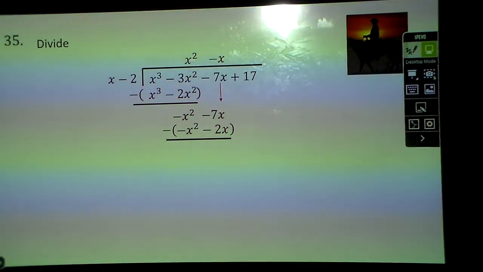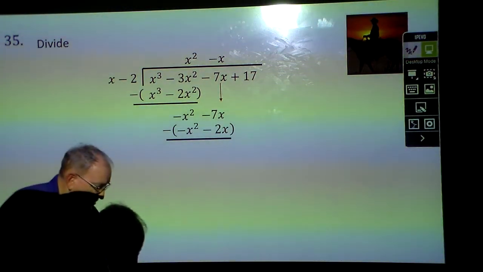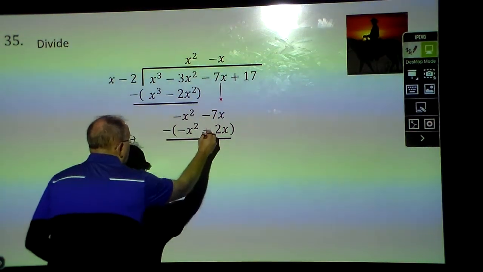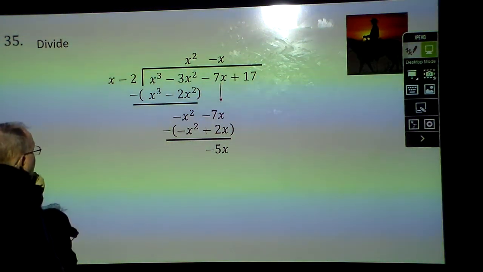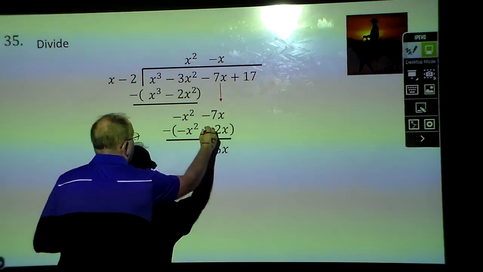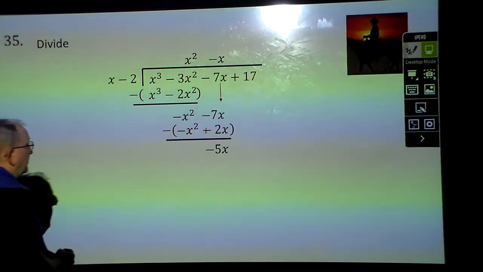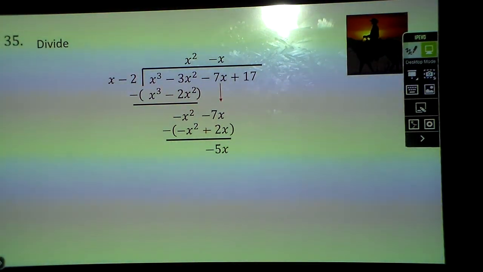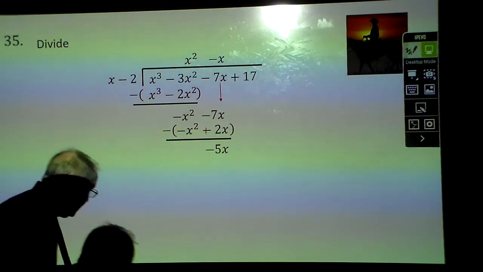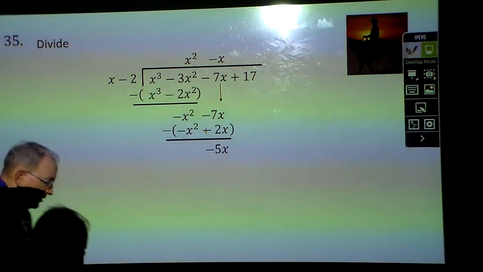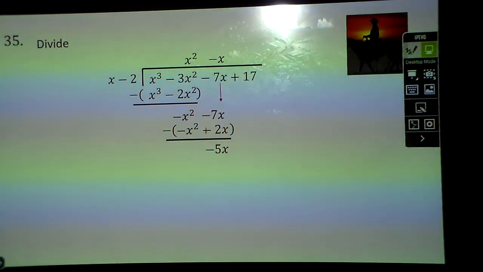We'll make it with our markers, because I've got so much on this film already. So now then, actually I do have the right answer here. I just don't have the sign right there. Because negative 7 minus a positive 2 is negative 5x. So that's the only thing wrong there. Only that little plus sign right there.